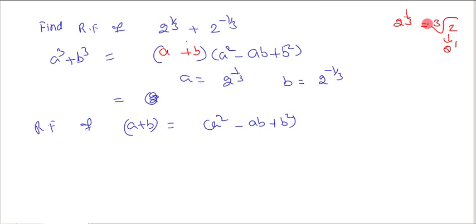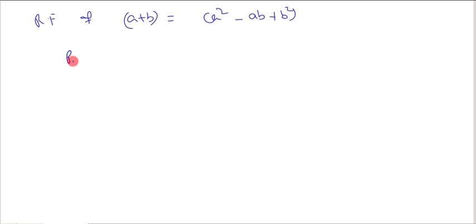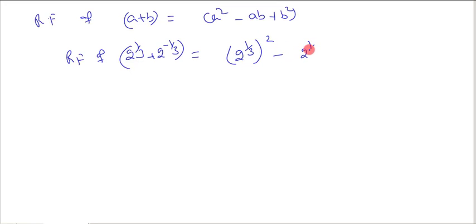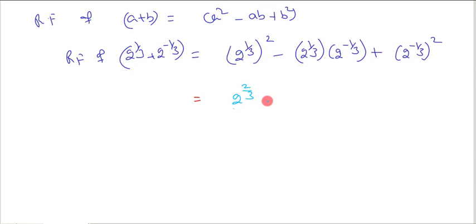By using this formula, the rationalizing factor of 2 to the power of 1 by 3 plus 2 to the power of minus 1 by 3 is equal to 2 to the power of 1 by 3 the whole square minus 2 to the power of 1 by 3 into 2 to the power of minus 1 by 3 plus 2 to the power of minus 1 by 3 the whole square. From this, we can write it as 2 to the power of 2 by 3 minus 2 to the power of 2 by 3 into 2 to the power of minus 2 by 3.